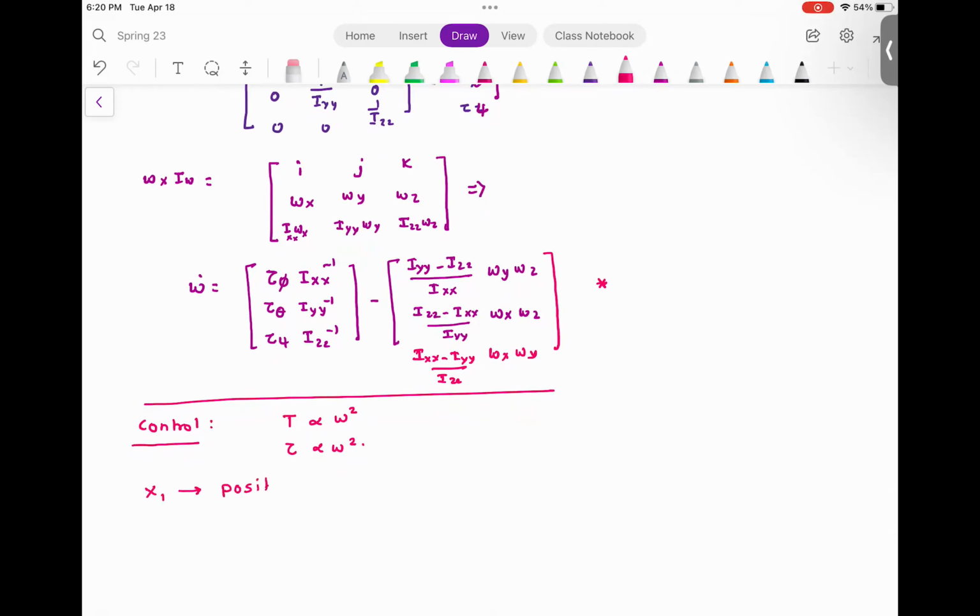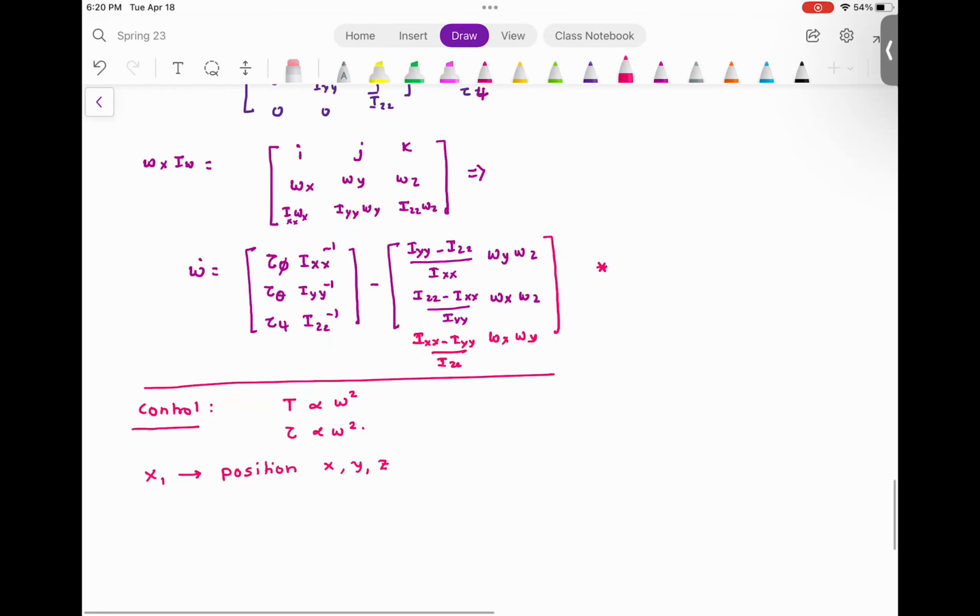Which means x position, y position, z position. X2 is velocity, which is x dot, y dot, z dot. X3 is nothing but the roll, pitch, yaw.